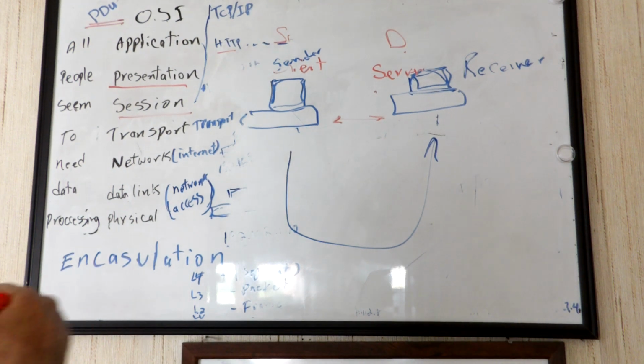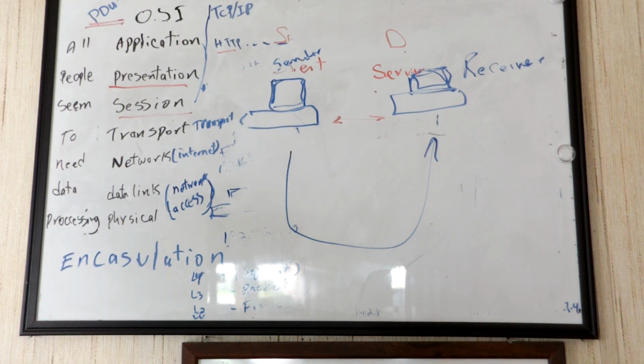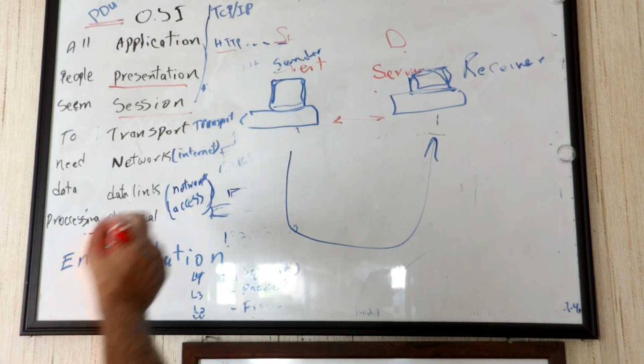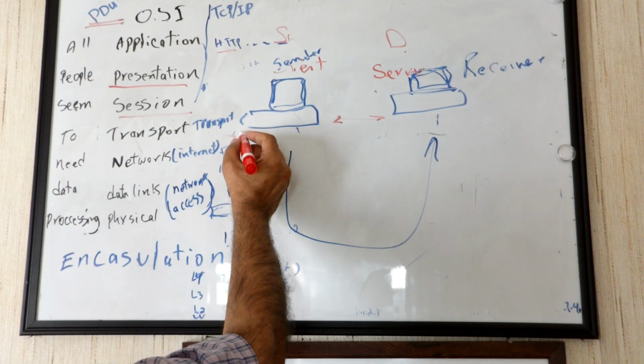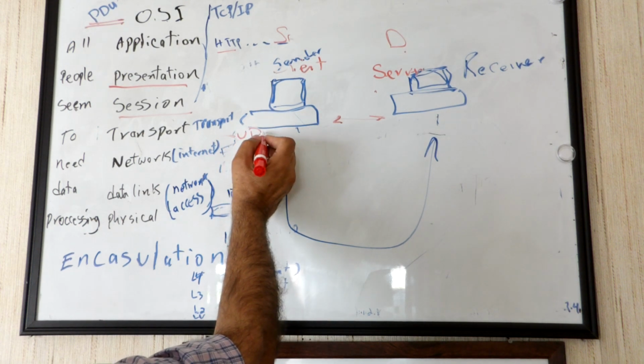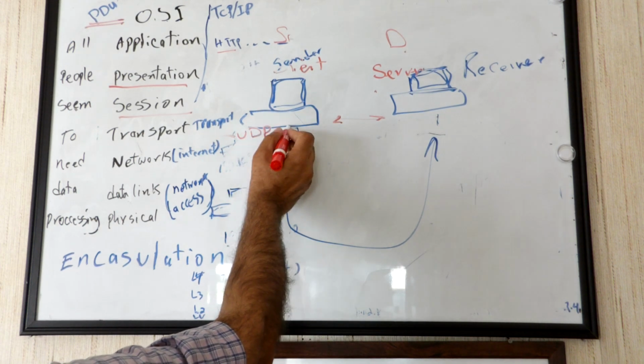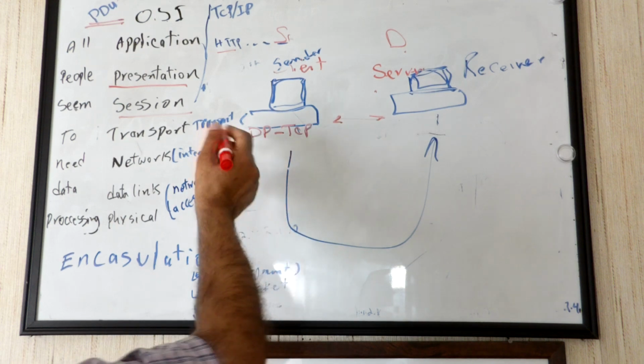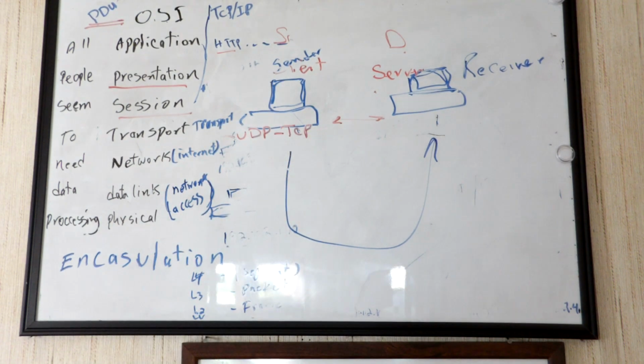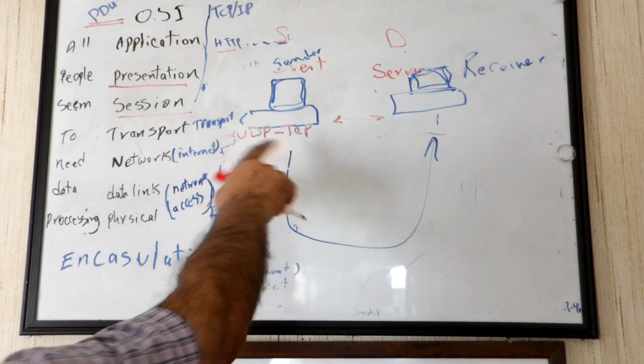Every layer has its own protocols. The transport layer has UDP and TCP. These are the protocols used here, and the most reliable is TCP.